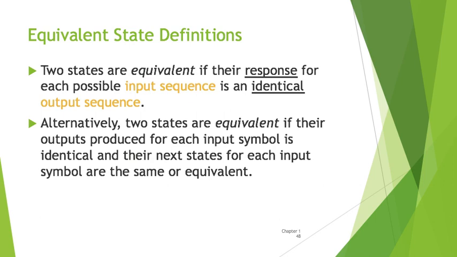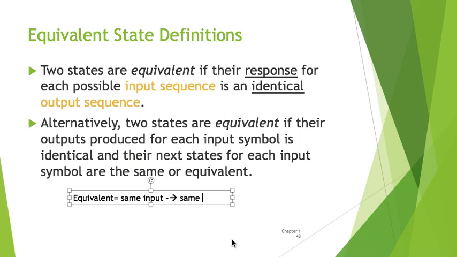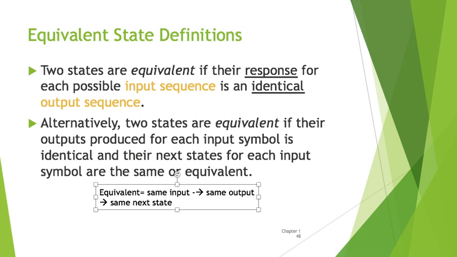Alternatively, two states are equivalent if the output produced for each input symbol is identical and their next state for each input symbol is the same or equivalent. So what we are saying is that equivalent means the same input will give the same output and the same next state. This briefly is what it means to have equivalent states.